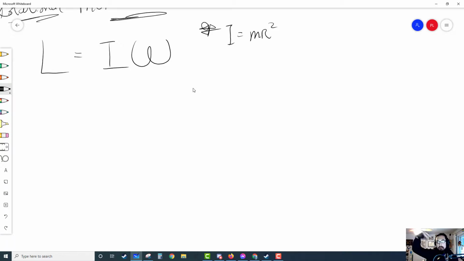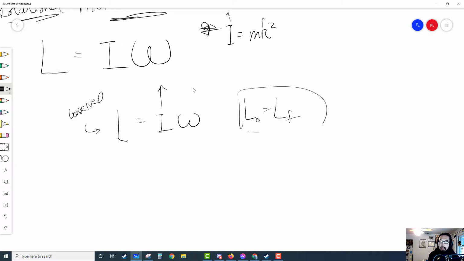So when an ice skater spins around, if they have their arms out, okay, the radius goes up. If the radius goes up, the inertia goes up. Okay, so if we were taking a look at relationships, if I goes up, the momentum is conserved. This is the conservation of momentum equation.